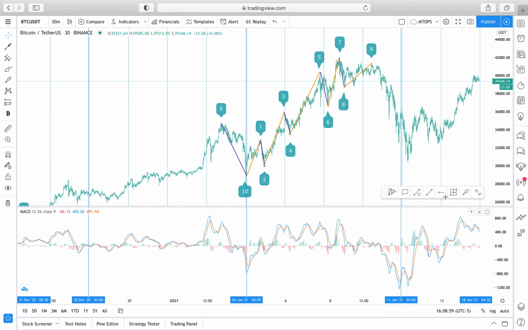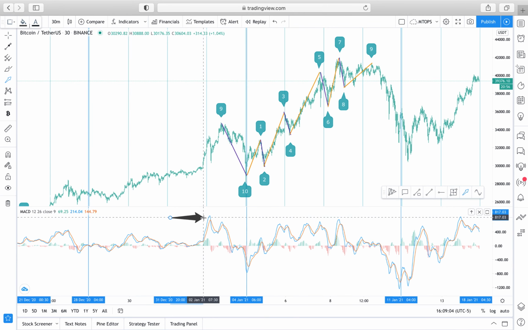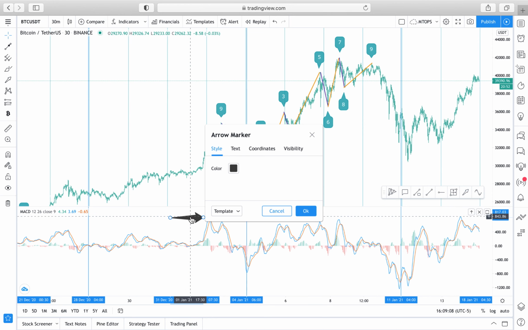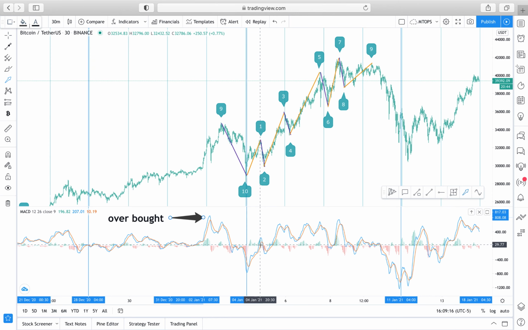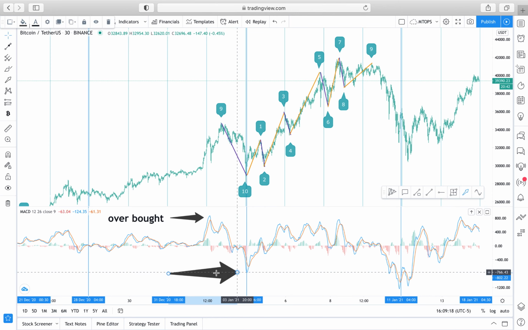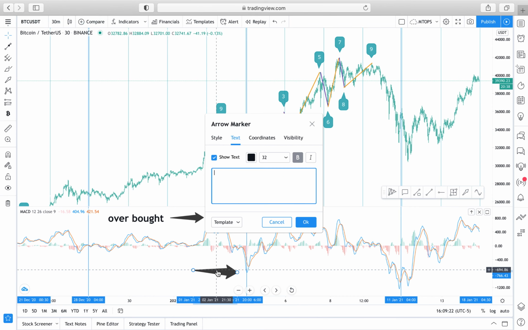So this up here indicates overbought, and that down there says oversold.